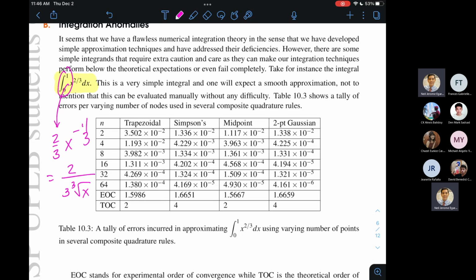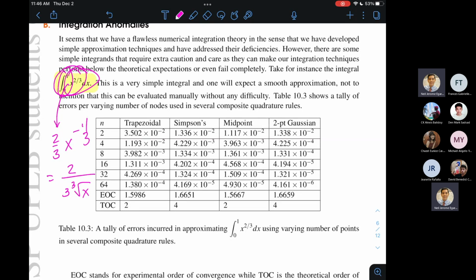So, ibig sabihin pala, okay, although continuous yung function, wala tayong problema pag in-evaluate natin siya by hand, pero yung mga quadrature formulas ay na-derive natin para sa mga sufficiently smooth integrands over the integration interval. All right.